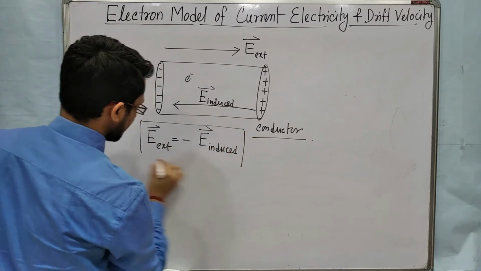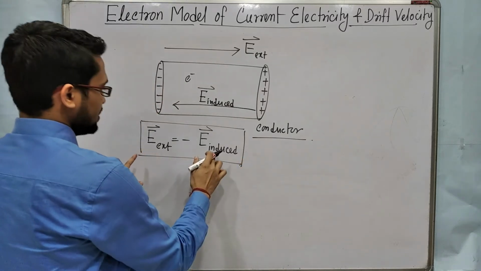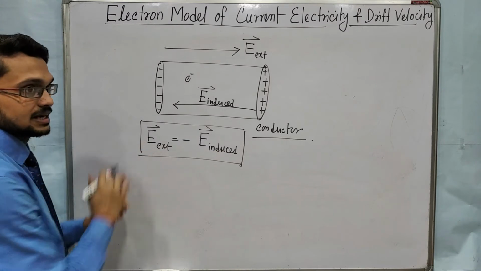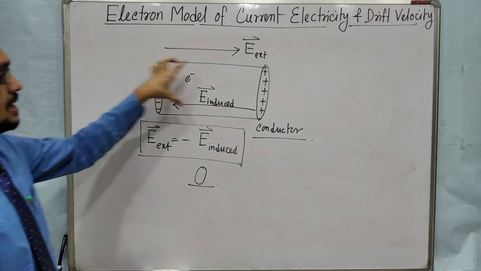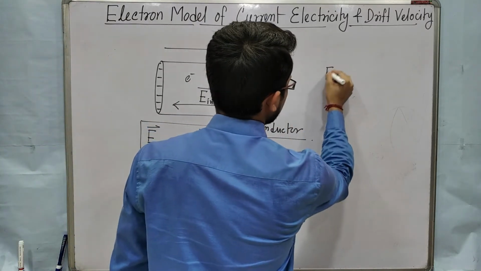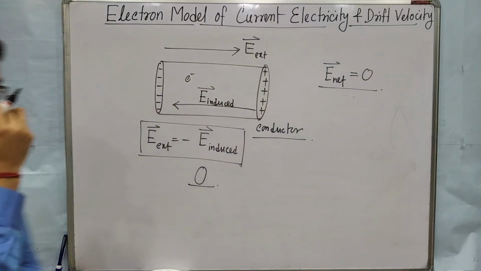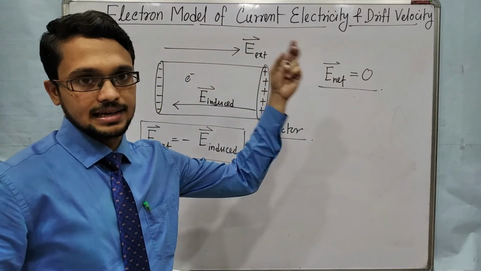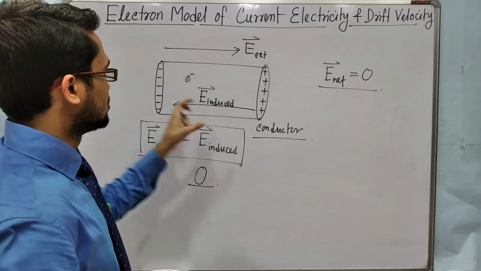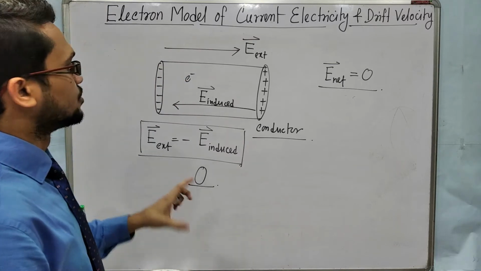Okay, this happens because it is a conductor. If we take this quantity to the left hand side, then it will be 0. That means the net electric field inside the conductor is 0, E net equal to 0. E net equal to 0 means there is no electric field and no force on the free electrons, so free electrons will not move in a particular direction, so we will not get current.